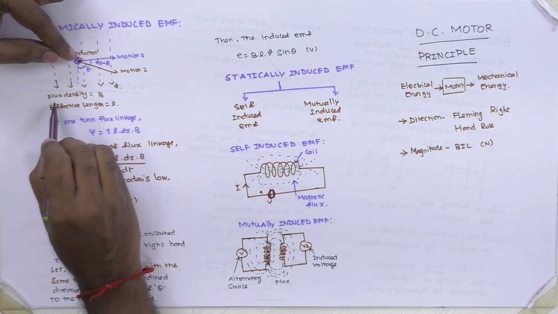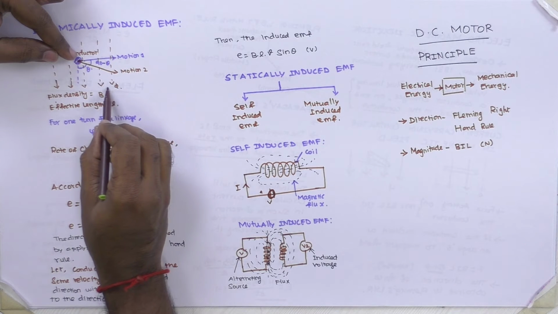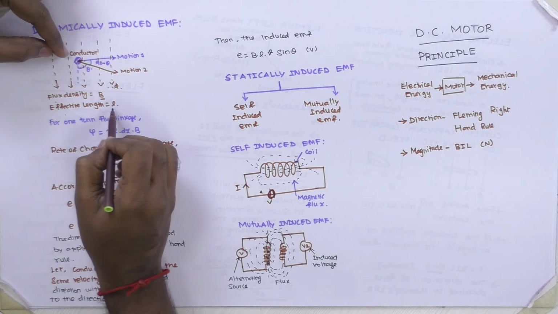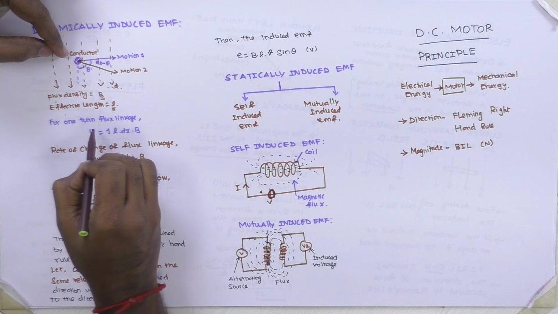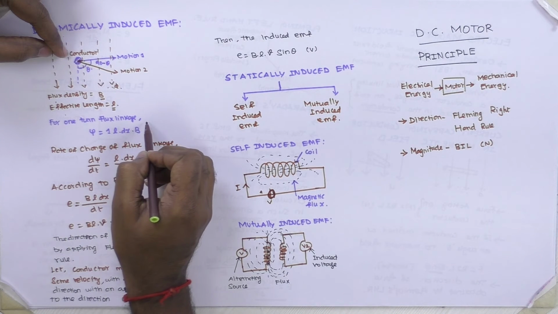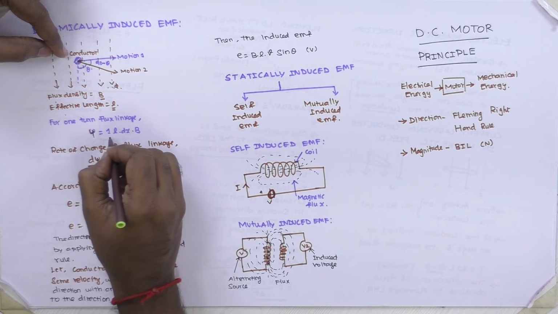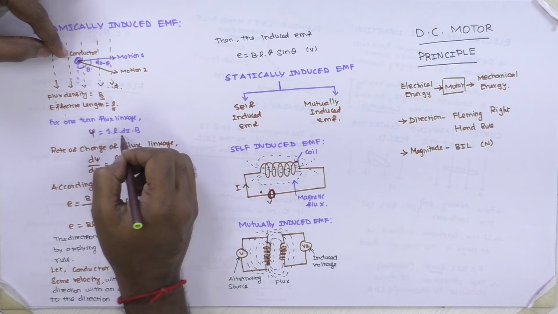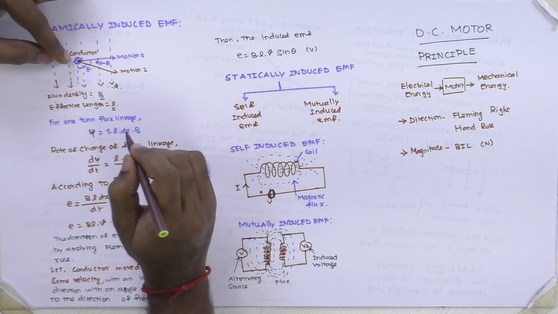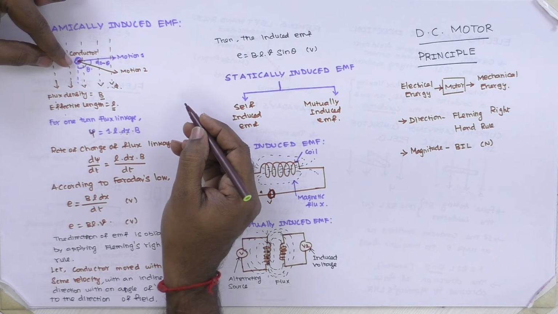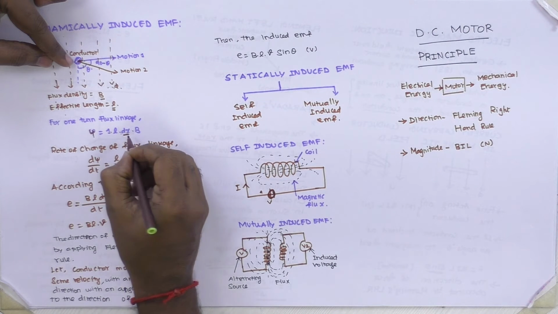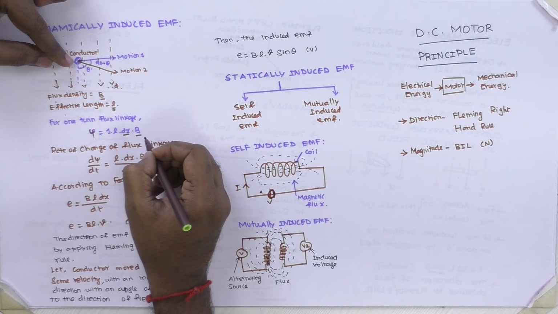The flux density of this magnetic medium is defined as B, and the effective length of the magnet is L. So for one turn, the flux linkage psi is represented by L, the effective length, into dx. Dx is the distance the conductor moves, that is x, the variation we represent as dx, and the flux density is B.